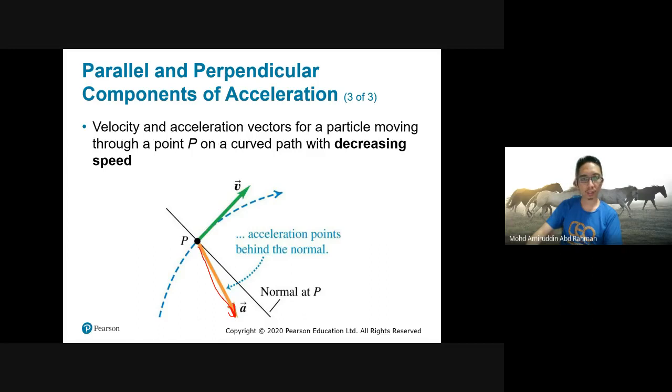So when the velocity increases, vector A points more upward, inside the curve. But when the velocity decreases, the acceleration vector will point inside the curve, but going more downwards.